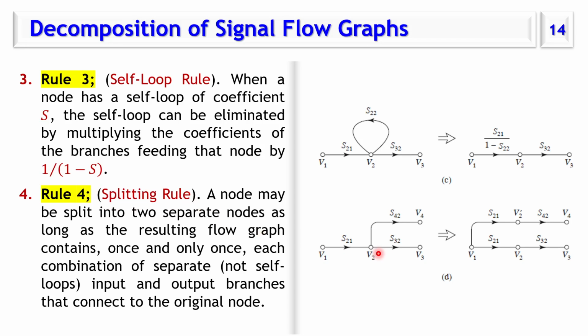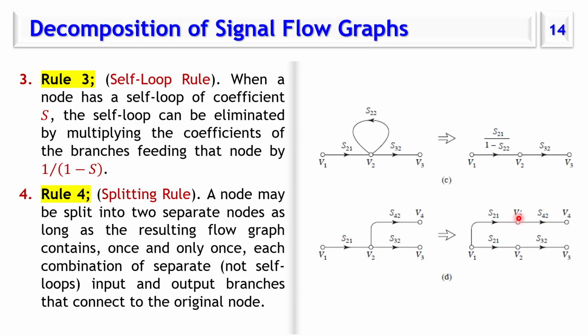Splitting rule. If we have something like that, we can change the place of this node to this point. All we need to do is to introduce a node here, and the power that goes to this node from V1 will equal S21 going here.